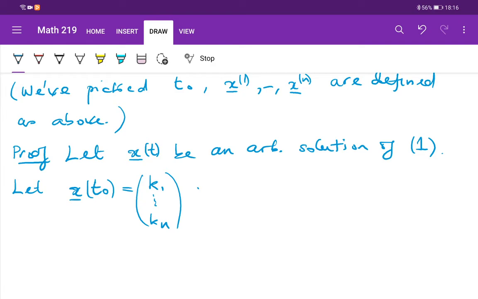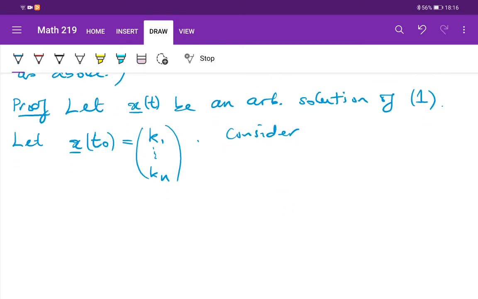Now consider y(t), a vector valued function equal to k1 x1(t) plus ... plus kn xn(t). These are all functions of t.